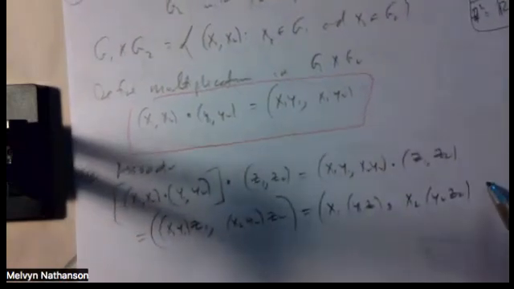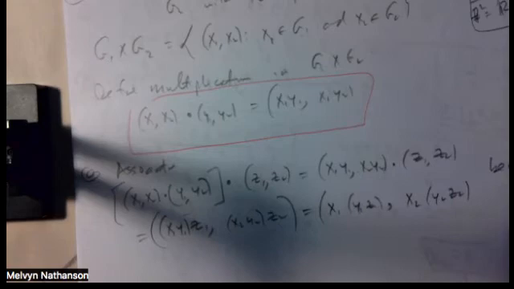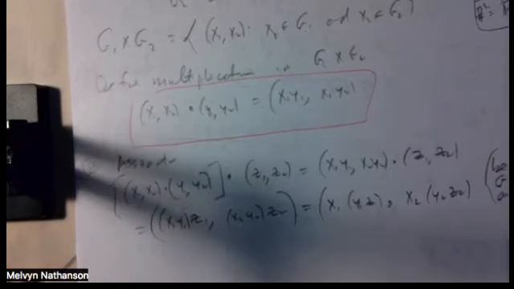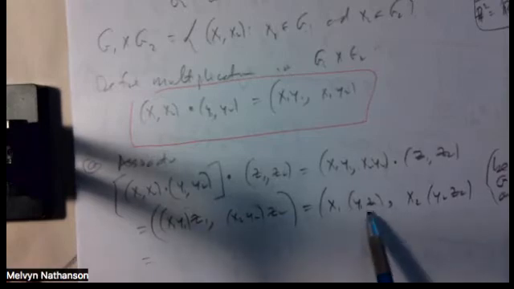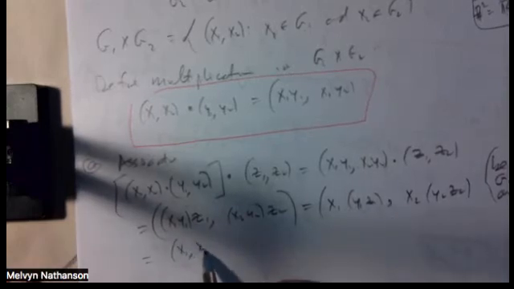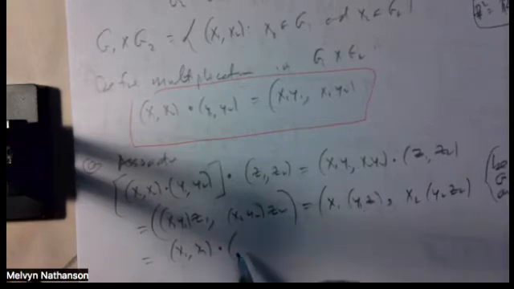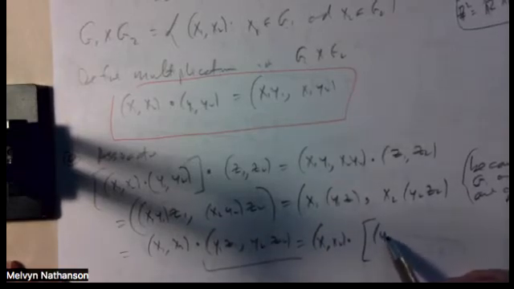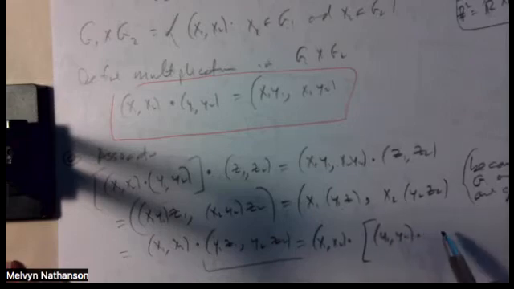This is because, from here to here, G1 and G2 are groups. Multiplication is associative in each of those groups. And this is exactly the product of (x1, x2) with (y1 z1, y2 z2). And this is exactly (x1, x2) times the product of (y1, y2) and (z1, z2).